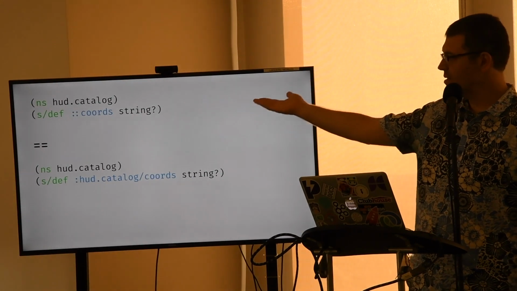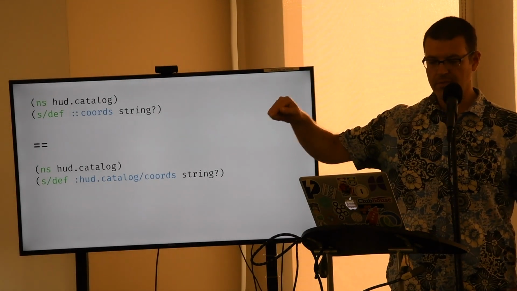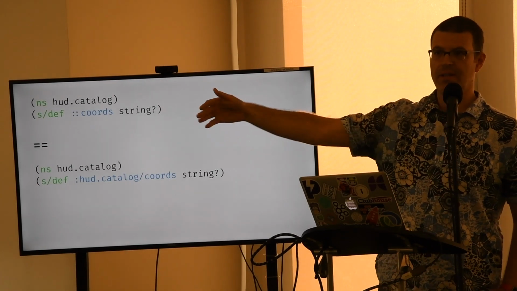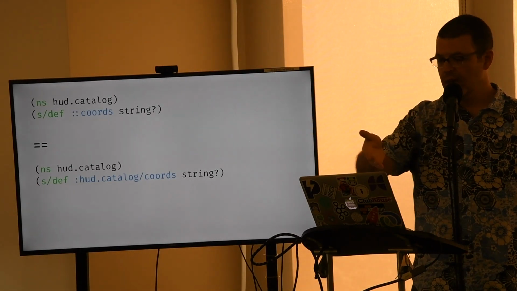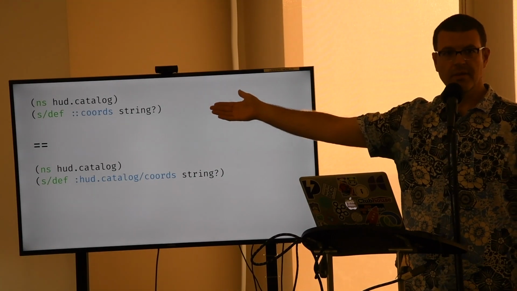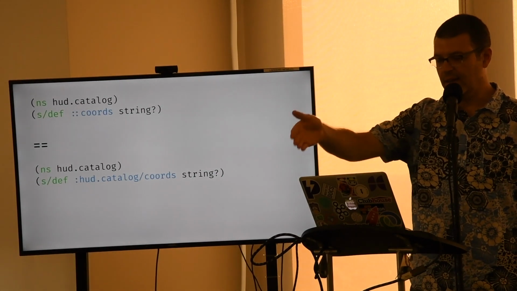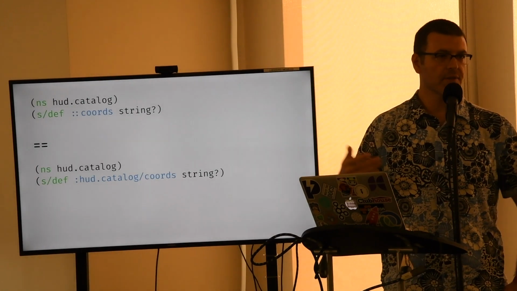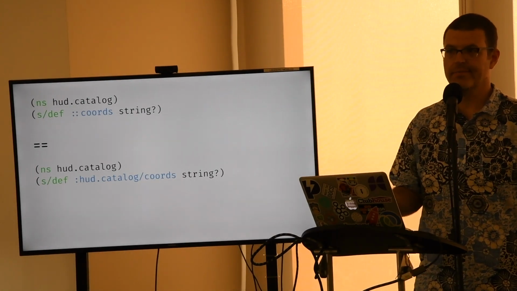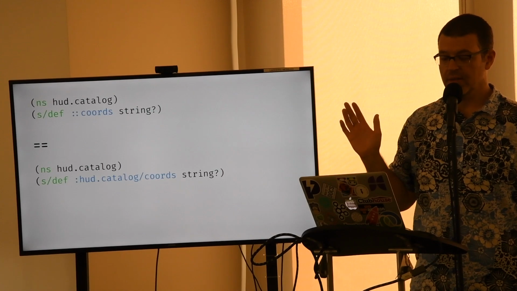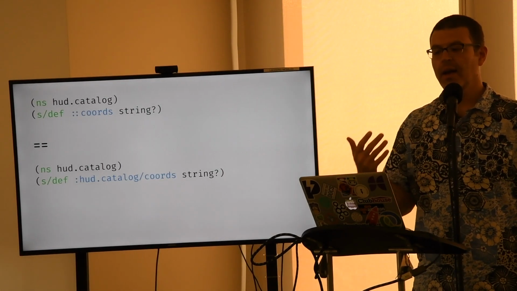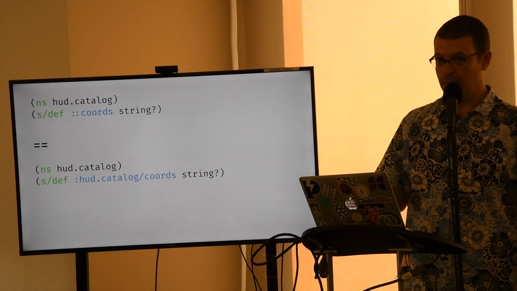So double colon coords is equivalent to, and in every way once you get past the reader, HUD.catalog/coords. It's just shorthand in the reader, a shortcut. So it's super convenient, you don't have to write out the whole thing, and it's easier to read and easier to type, except it's not always super convenient.